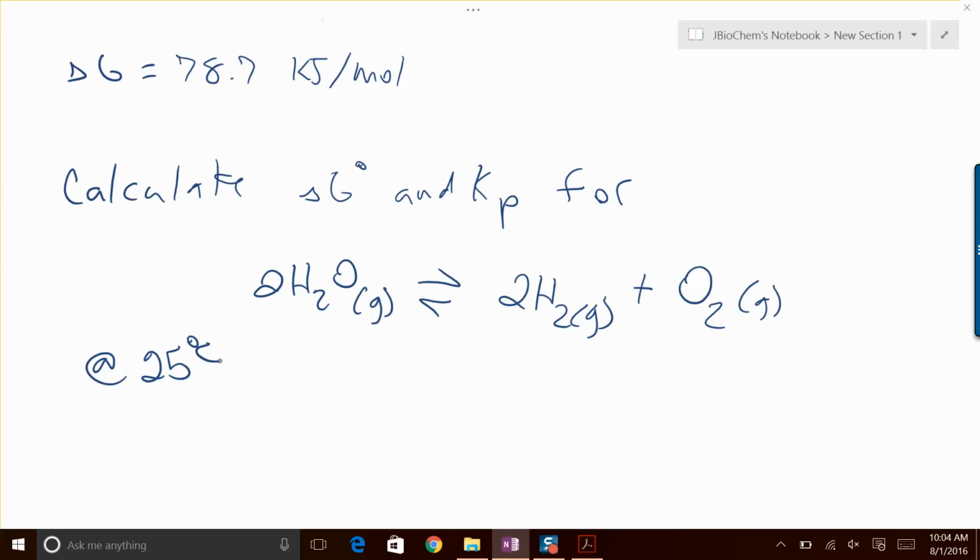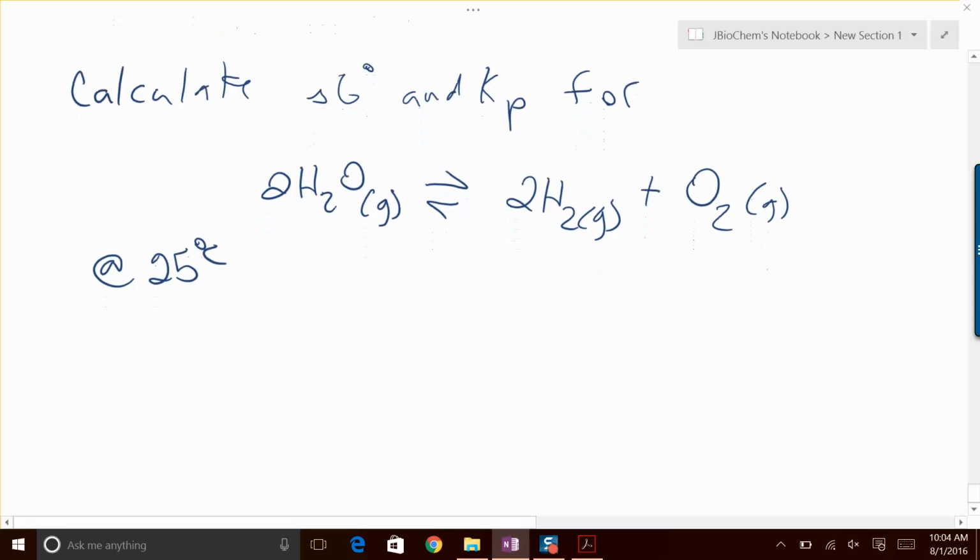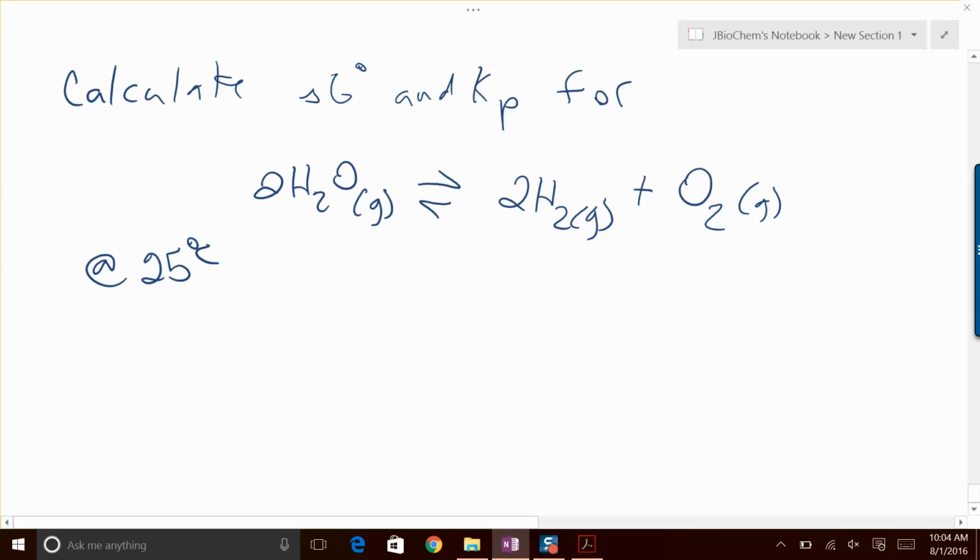Okay, how am I going to go about this one? Can we set G and K? So first, set it to equilibrium, so use a 0. Yeah, that's what I was thinking. Find the K.